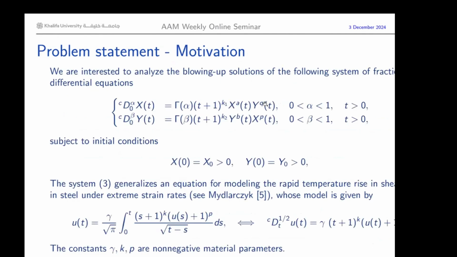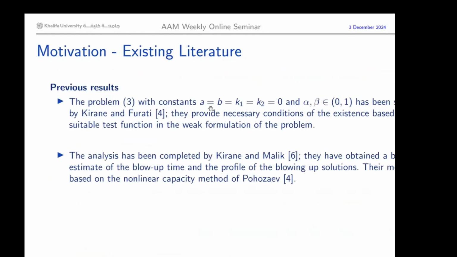If I may go back a little bit. So yeah, they consider the following nonlinear right-hand side, but only this part, without the presence of this part. There they provide the necessary conditions of the existence based on a suitable test function.